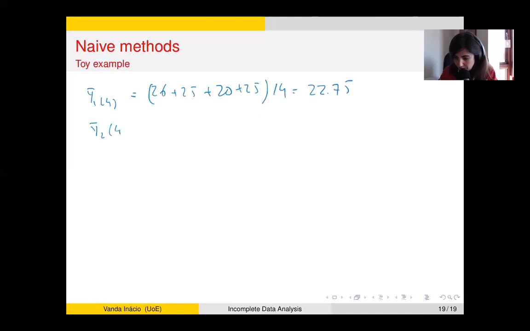I've made this before, right? It's not from my head that I know what these means are. So I have this, and now I can compute the sample covariance between y1 and y2.